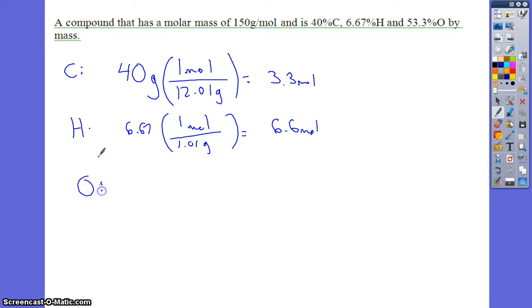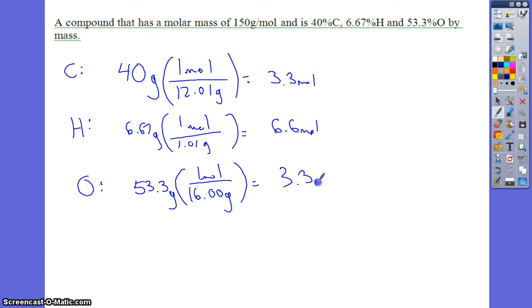For oxygen, I have 53.3%, so 53.3 grams times 1 mole per 16.00 grams. And I find that I have about 3.3 moles of oxygen.